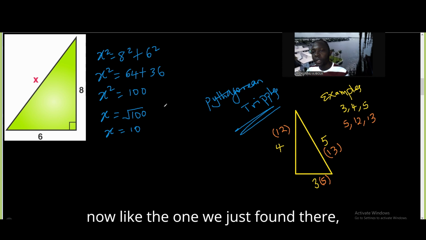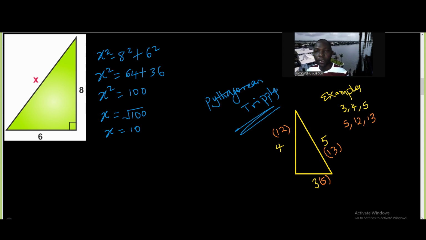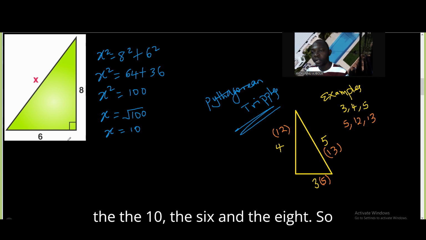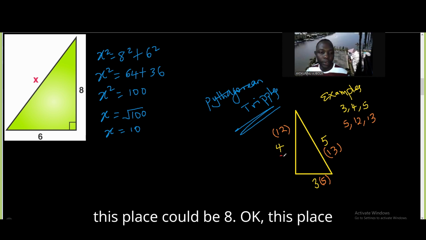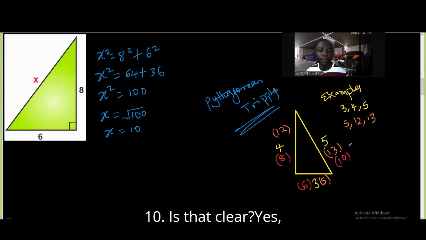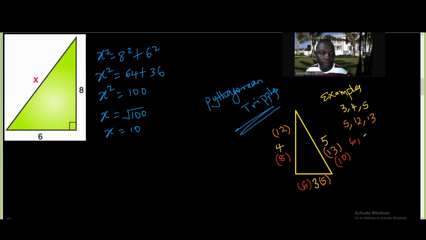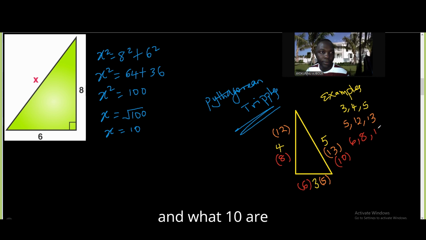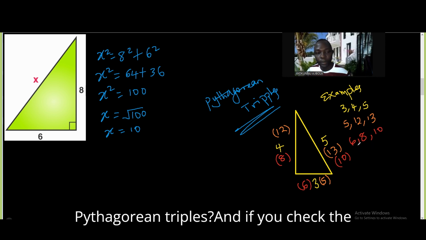Now, like the one we just found, the 10, the 6, and the 8: this place could be 8, this place would be 6, while this place must be 10. Is that clear? That means 6, 8, and 10 are Pythagorean triples.